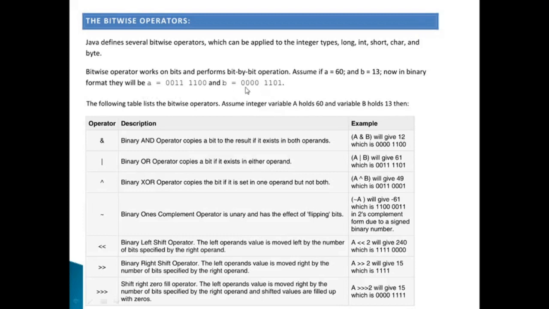Because these four bits are going to result in four zeros, since ANDing anything with 0 will definitely give 0. And then 1100 ANDed with 1101 will give 1100. So 1100 is equal to 12. The bitwise AND operation between 60 and 13 gives 12.